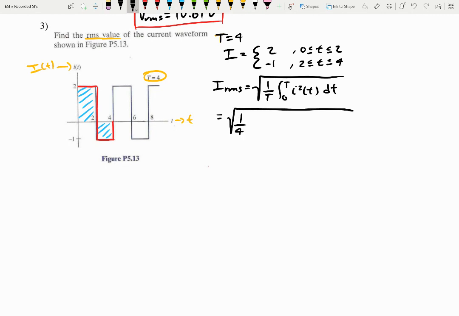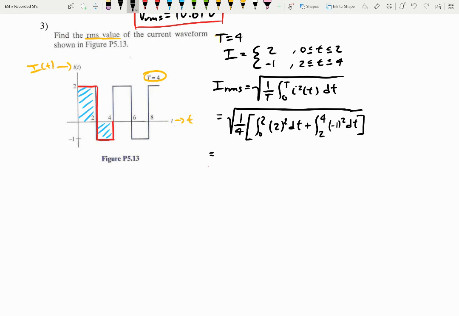So 1 over 4, pull that out to the side here. So we go 0 to 2. We said that's 2 squared dt. Then plus 2 to 4. That's -1. Square that. And then also dt as well.